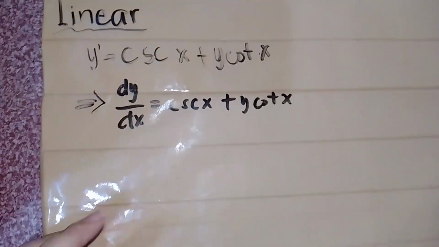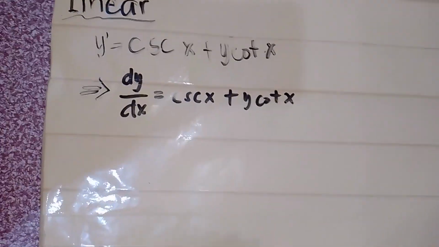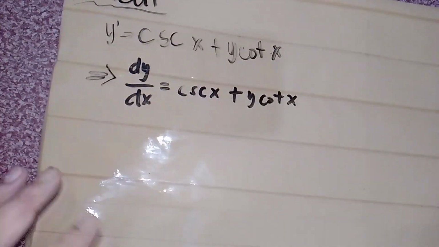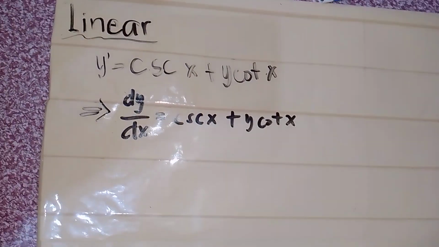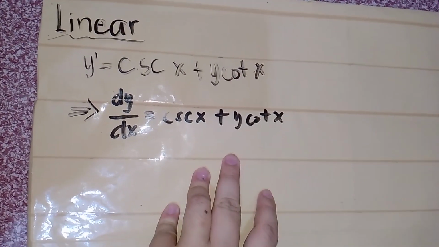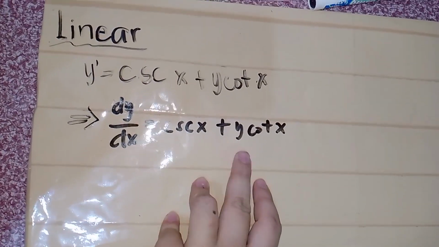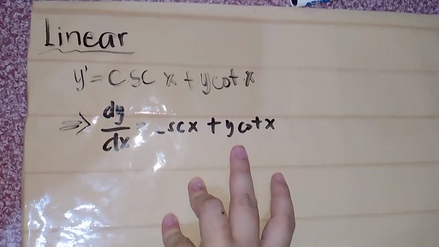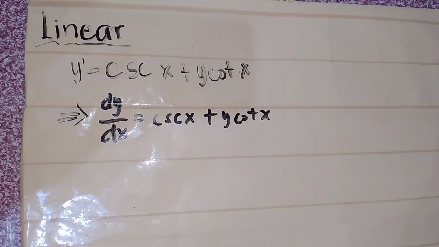And then we have to make this equation into standard form. So to make it into standard form, we have to put this y cotangent x into the other side.